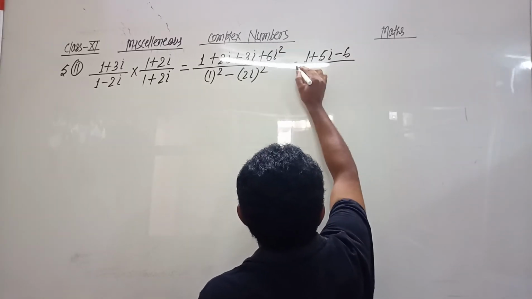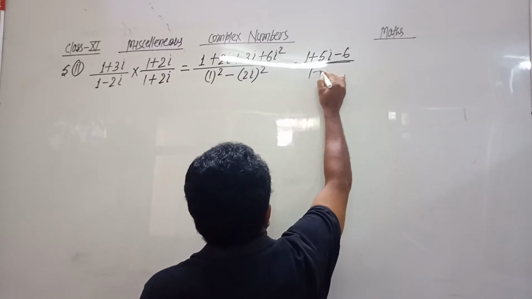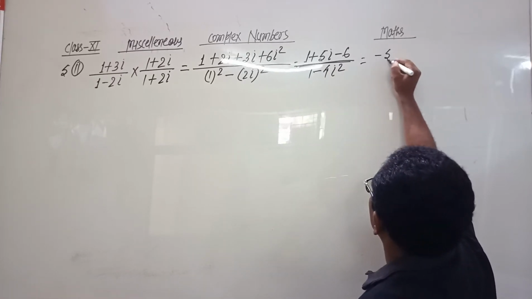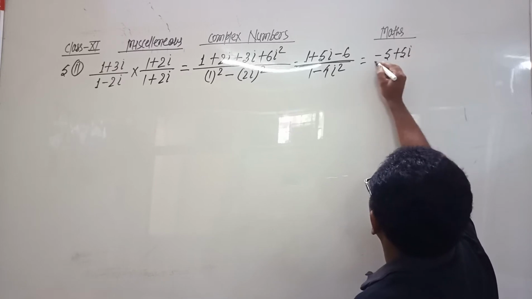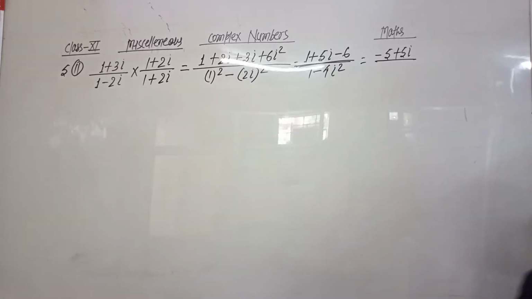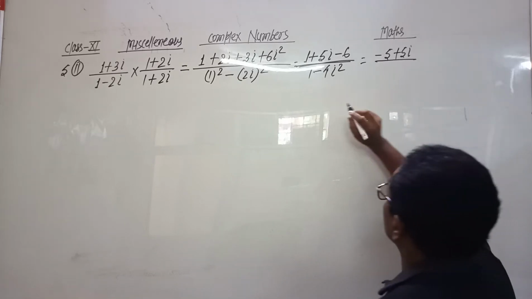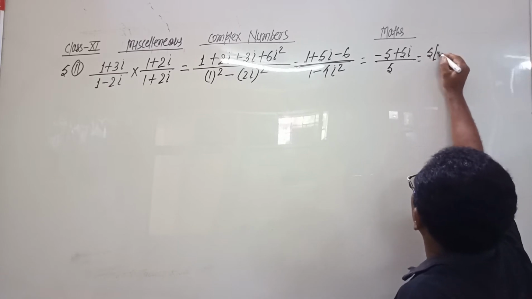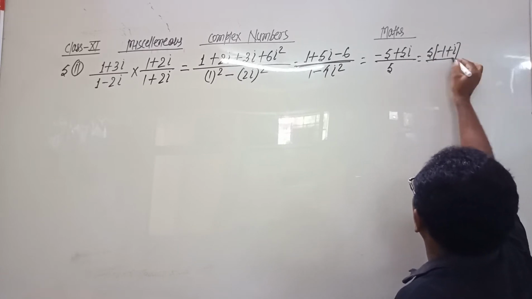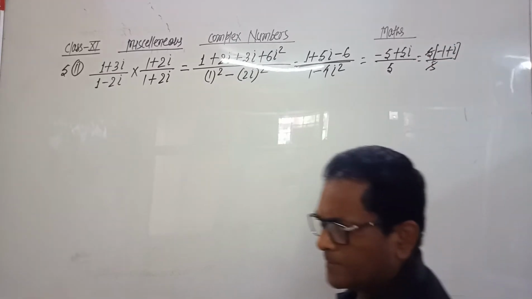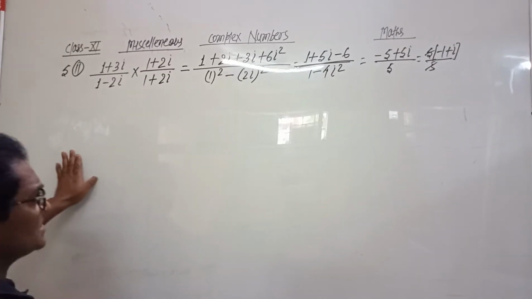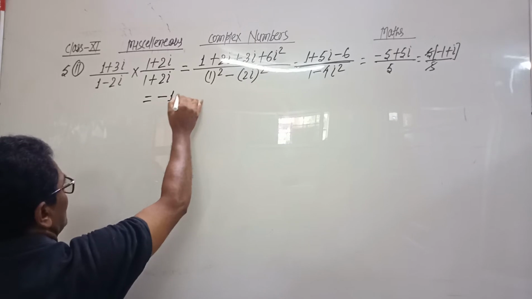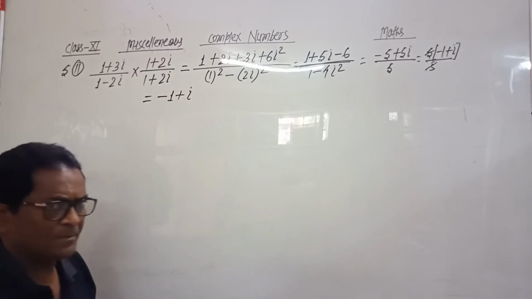So it gives minus 6 upon 1 minus 4i square. Then 1 minus 6 is minus 5, plus 5i upon 1 plus 4, which is 5. Taking 5 as common, we get (−1 + i) upon 5... this complex number has been expressed in the form a + ib, that is −1 + i.